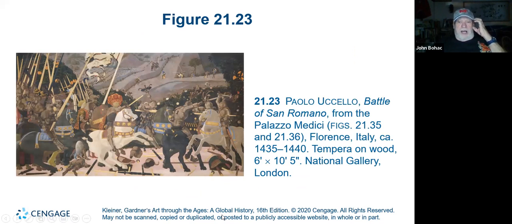This is the Battle of San Romano. And this was a battle, basically, what we had in Italy, city-states. I've talked about that a little bit so far. And basically what you had was a fortress, and I was talking about having cities walled off.